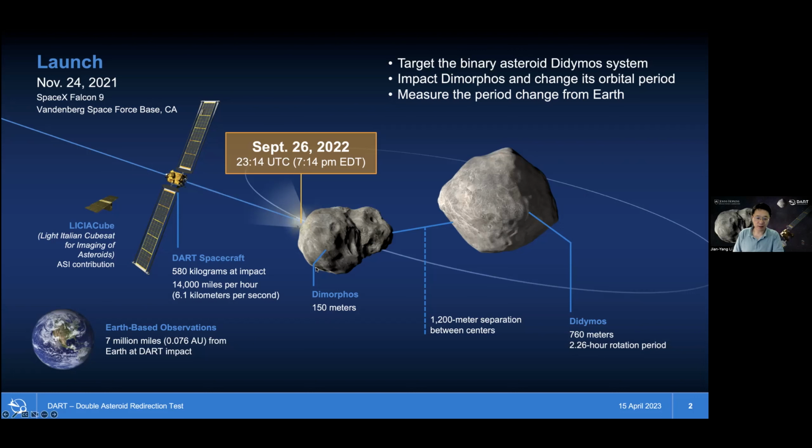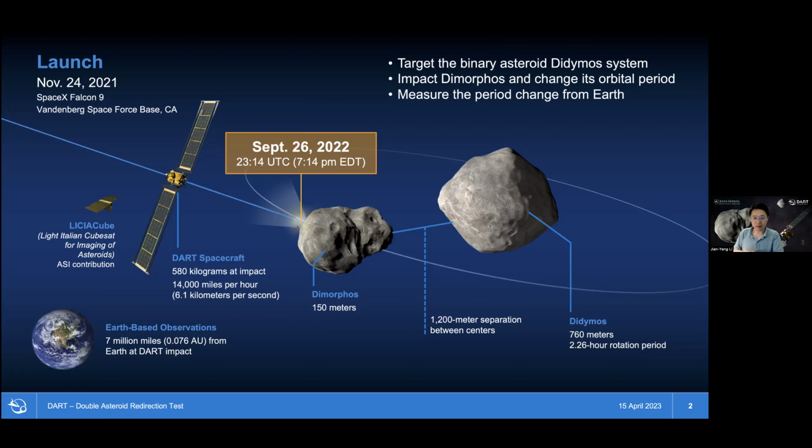And the diameter of the target is 150 meters. Also coming with DART, there's a small CubeSat called LiCiCube, contributed by the Italian Space Agency. LiCiCube piggybacked with the DART spacecraft and was released about 2 weeks before the impact.